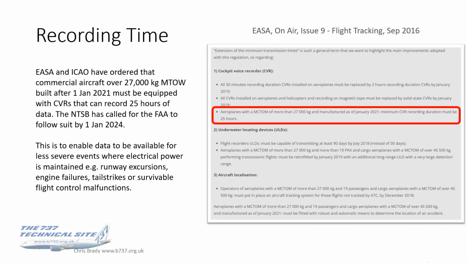Because you could have, say, an engine failure or a flight control issue in flight, and you could be a long way from where you need to land, and by the time you land, God forbid, and pull the circuit breakers, the data of interest could have been overwritten. So that's why the ruling is to extend this up to 25 hours.